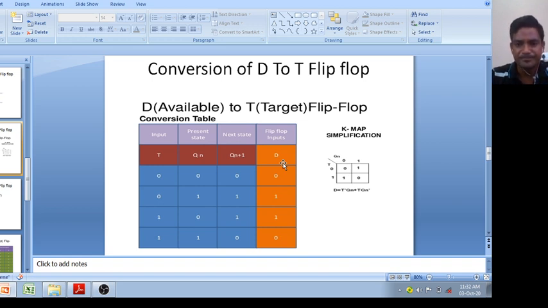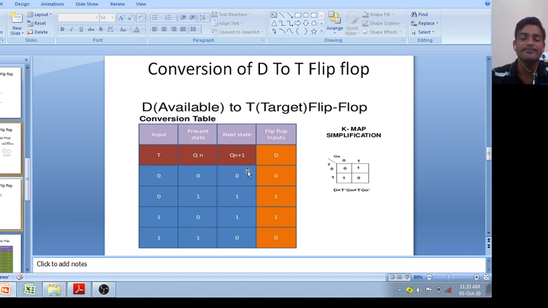You know D equal to Qn plus 1, and what is T? You know T equal to Qn XOR Qn plus 1, or you can say Qn plus 1 equal to D XOR Qn. So by this way you can directly determine.